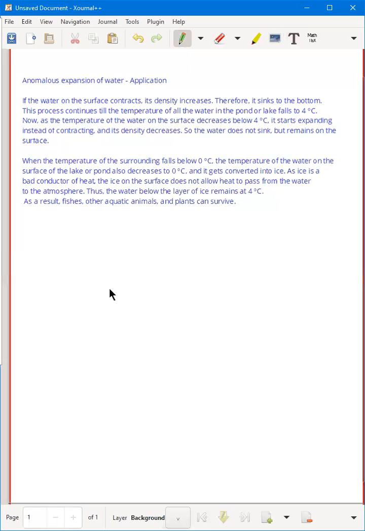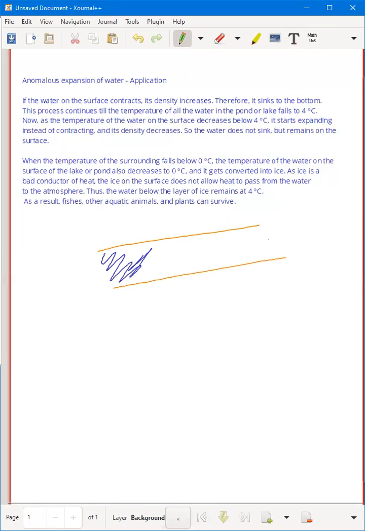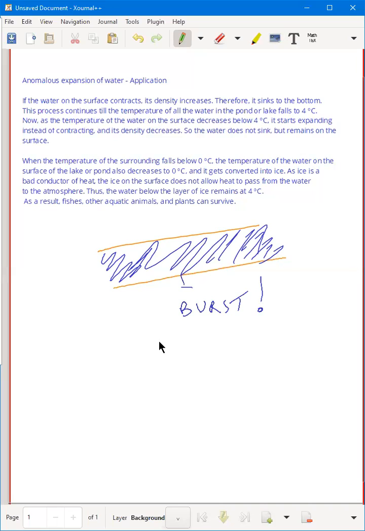I have a pipe which is carrying water. It becomes very cold outside. What I'll notice is that the pipes will burst. Let's say the outside temperature is at 0 degrees, or let's say it's minus 5 degrees now.